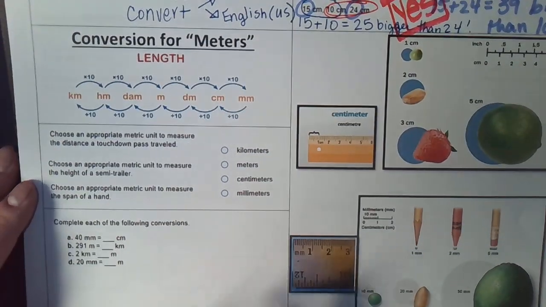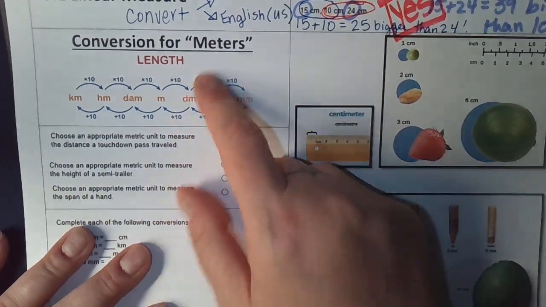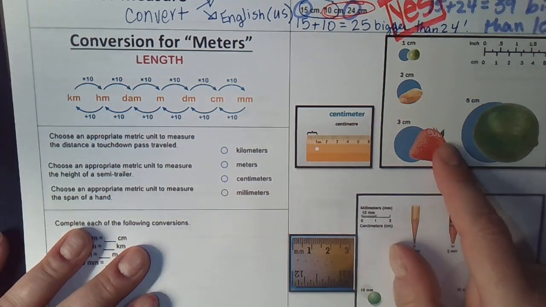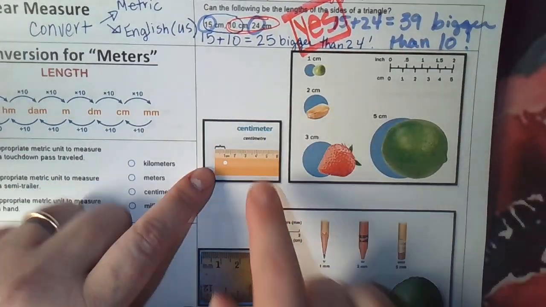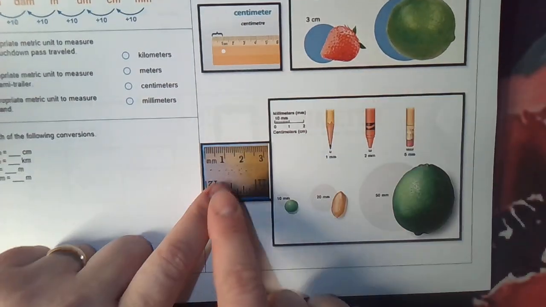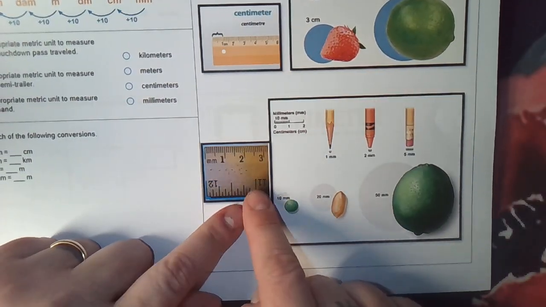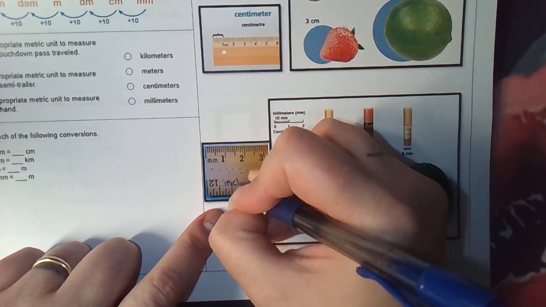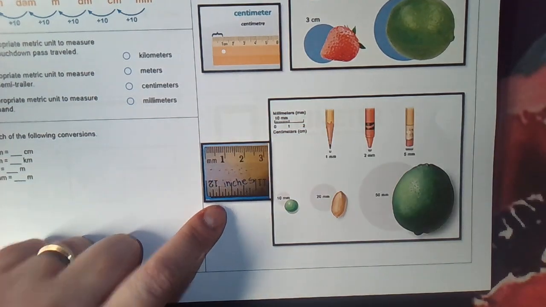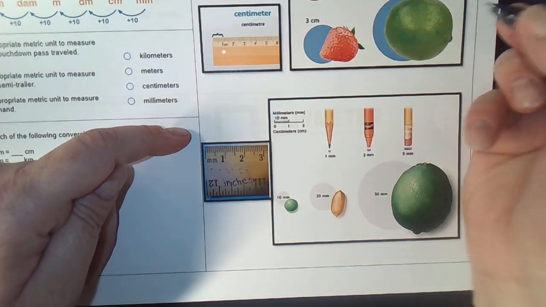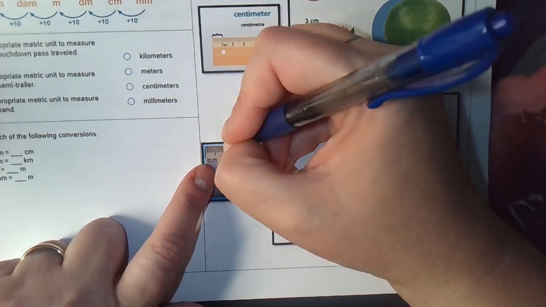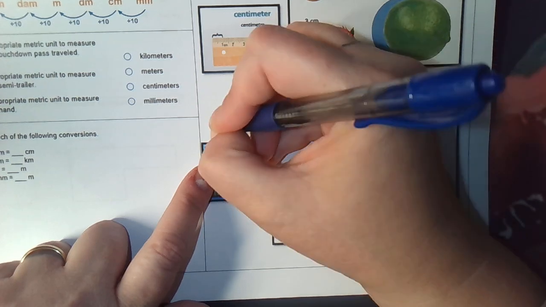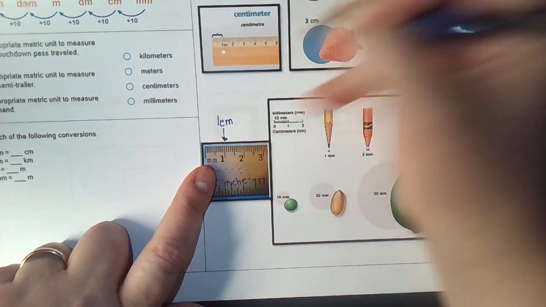Alright, let's look at this conversion. Before we talk about the conversion, let's just talk about size of things. Here's a picture of a ruler. On one side, there's inches, like down here. Up here is centimeters. This 1 represents 1 centimeter.